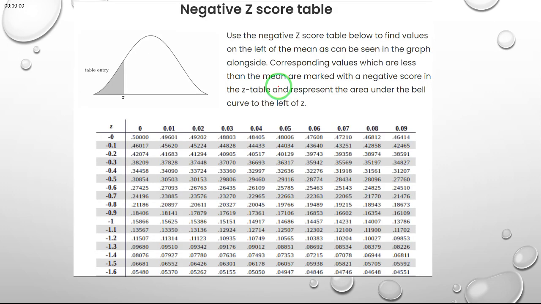In the table, z is in this column and it runs from 0 to the point where it's z, and this value tells you the probability for the given z. So the probability for z between 0 and -1 is what we read.